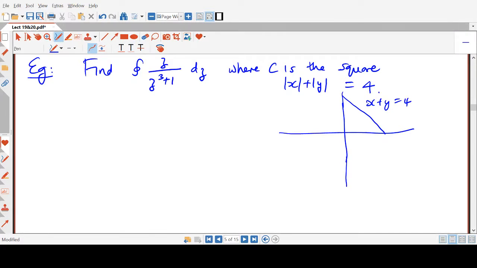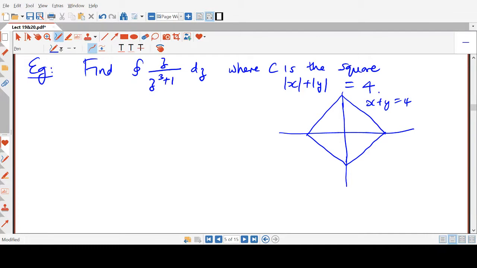If x is negative and y is positive, it'll be minus x plus y equals 4. Then you get another piece there. Then you take x positive and y negative, and get a piece there. Lastly, both negative. I could be wrong in the order in which I said it, but you get the idea. So that's the square |x| + |y| = 4. Each one can be positive or negative, so there are 4 options, and they give you the 4 sides of a square.